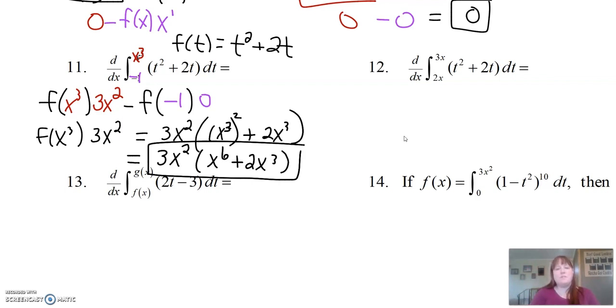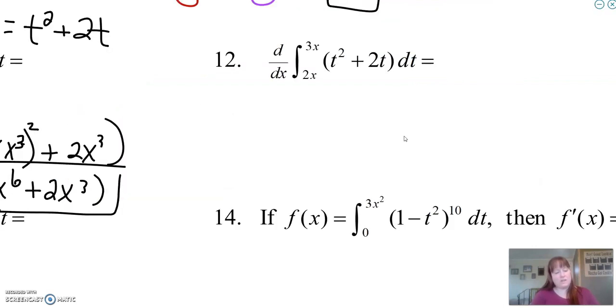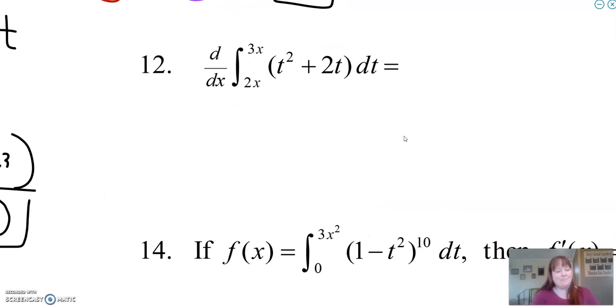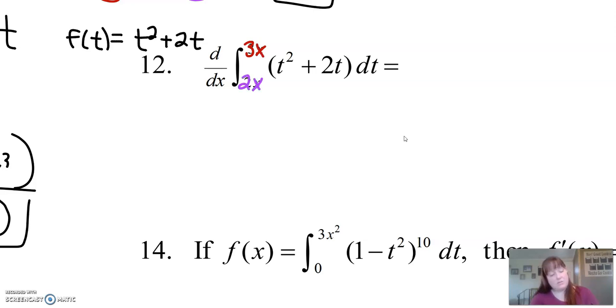Okay, let's take a look at the next one. I'm going to zoom in a little bit, because I'm having a hard time writing in such a small space. Again, f of t is t squared plus 2t, right? So 3x is v and 2x is u.